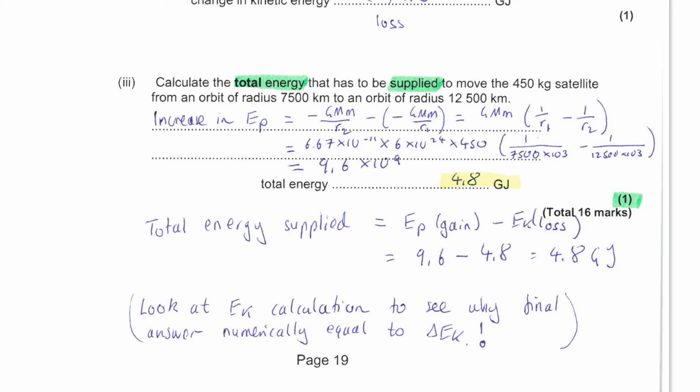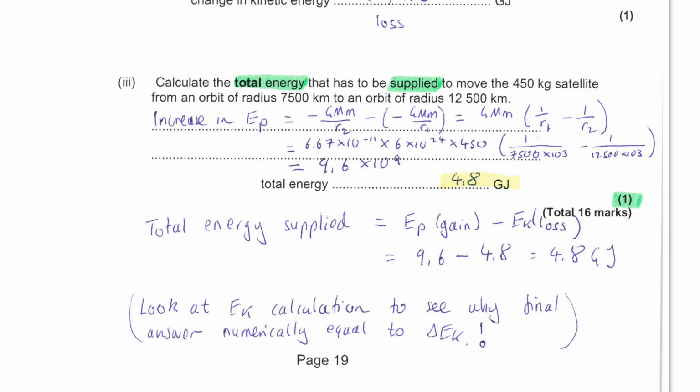Now, we still haven't finished answering the question here, so we need to look back. We're asked to find the total energy that needs to be supplied to make this change. So we will need an increase of 9.6 gigajoules, but we have got 4.8 gigajoules available from the loss in kinetic energy.